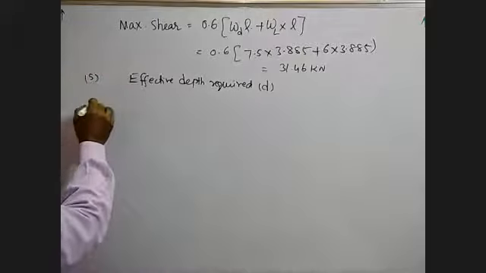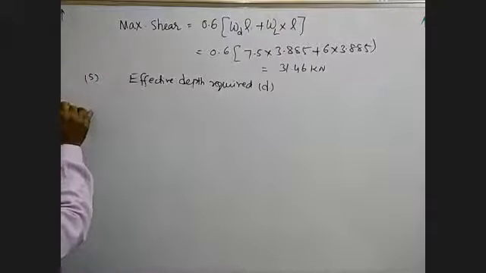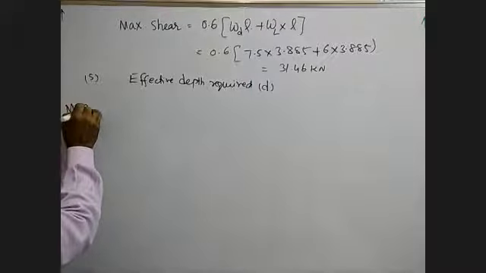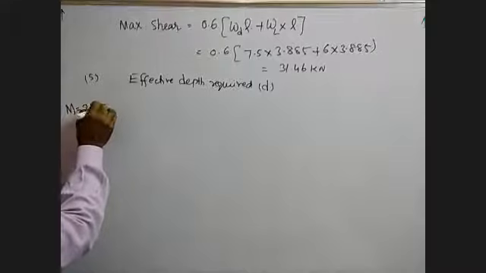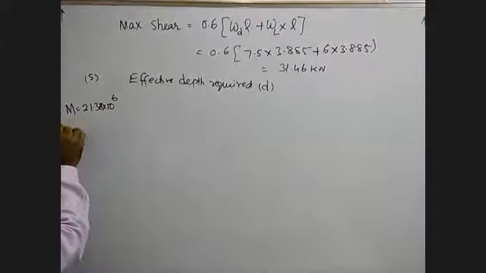take the maximum of the positive bending moment. Bending moment M is equal to 21.38 into 10 to the power of 6. You have two bending moments, positive and negative.